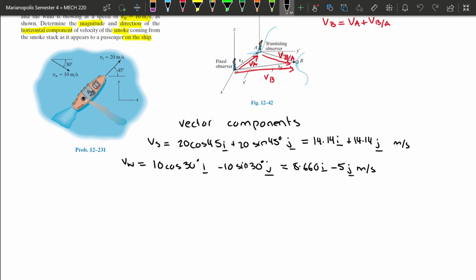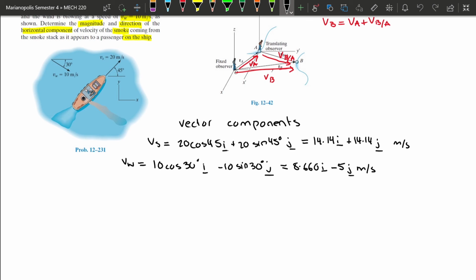The wind is blowing the smoke, which is at VA, basically. In our problem, the smoke is being blown at Vw.